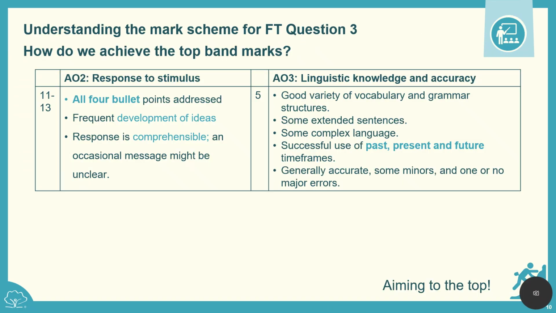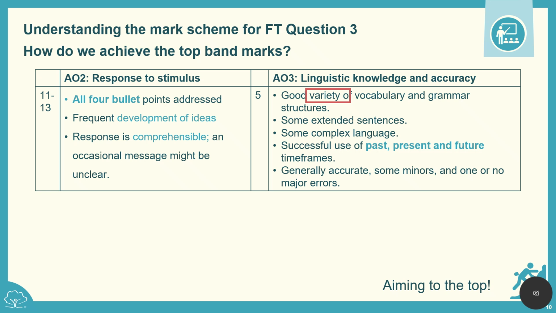Okay guys, so this slide I want to show you as well because it shows the top marks you can get for this question, question 3. It's divided in 2 because the examiner uses 2 lenses, let's say, to mark your answer. So on the left, you get the marks if you have answered all the 4 bullet points, and if you have developed your ideas. Now what does that mean?